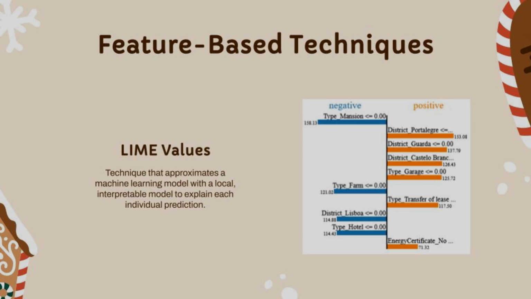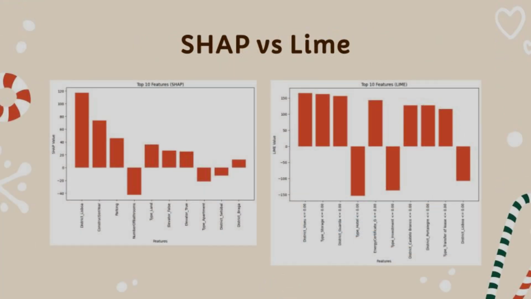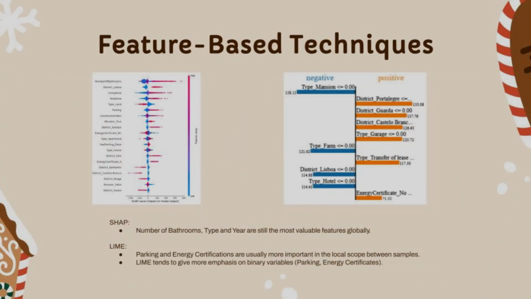So the explanations will vary a lot, but through the testing we did, we can see that generally Lime revealed that the parking options of a real estate, the construction year, and the energy certification had a strong influence on the behavior of the model, and also that Lime placed much more emphasis on the binary features of the dataset instead of the more linear ones, the numerical ones.